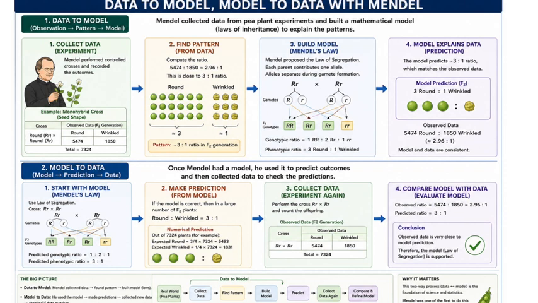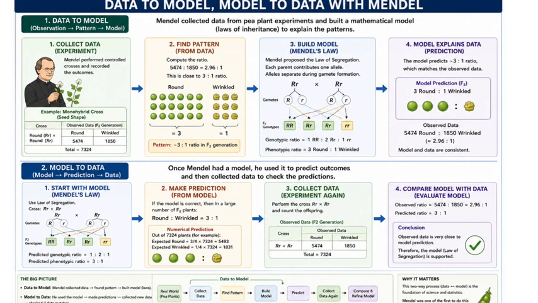And from this he proposed a model, or a law. For the F1 generation he proposed the law of dominance, and for the F2 generation he proposed the law of segregation. So he proposed these two laws by performing the monohybrid cross.